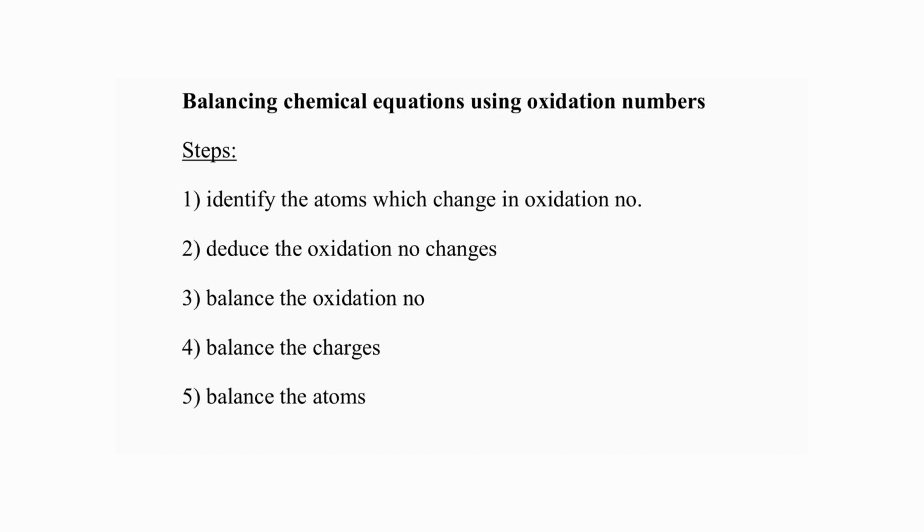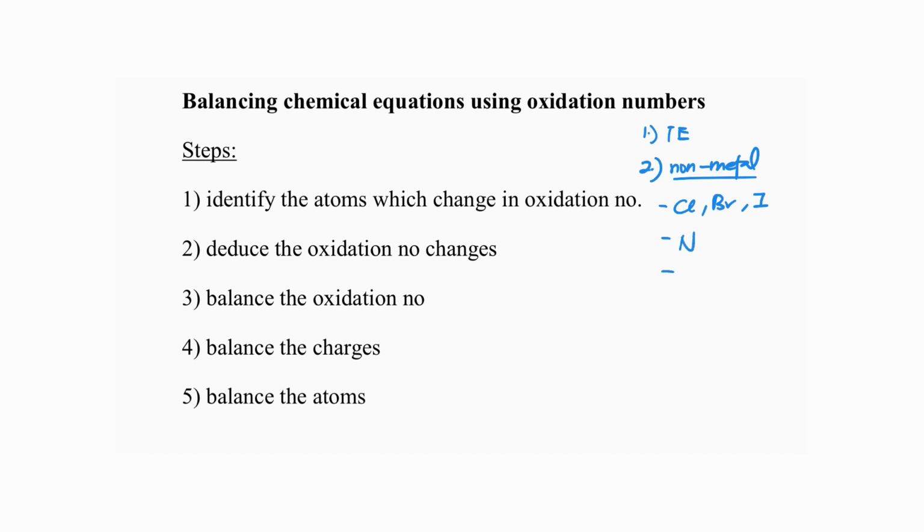First of all, we need to identify the atom which changes in oxidation number. Normally we will focus on elements which have variable oxidation state. Normally we have transition elements. If they are non-metals, we have halogens, where we have chlorine, bromine, or iodine from group 17.